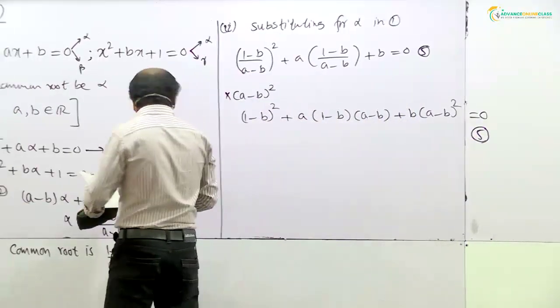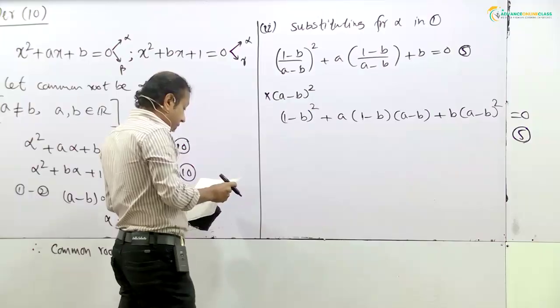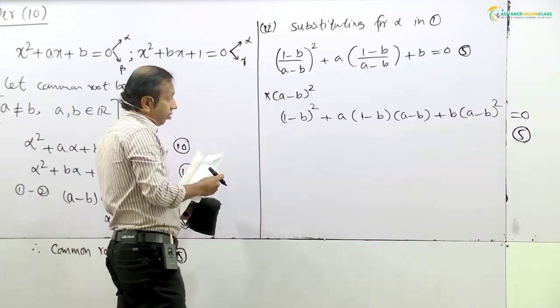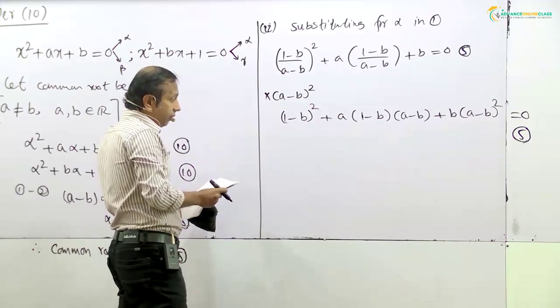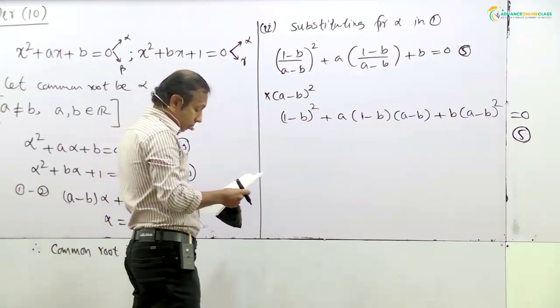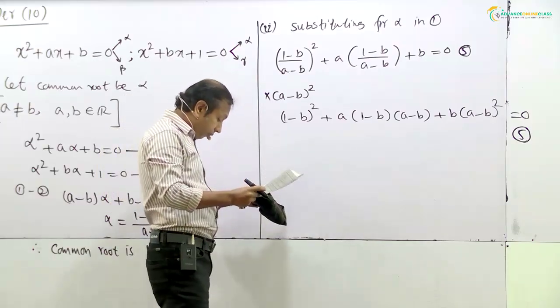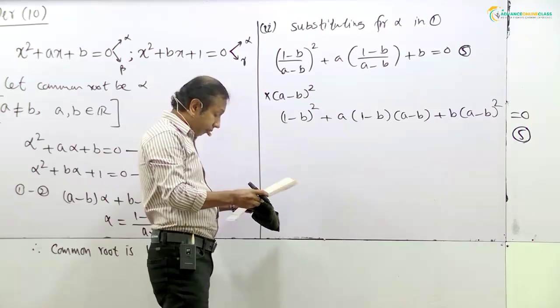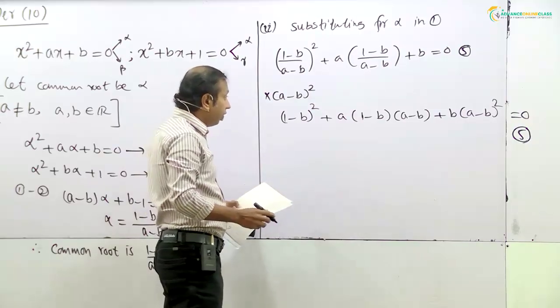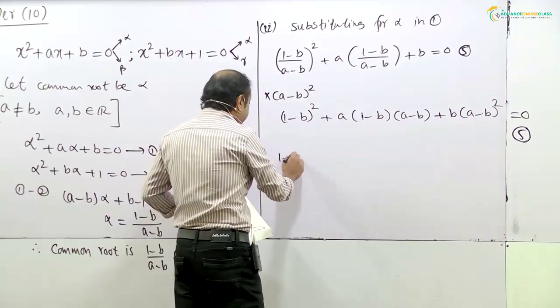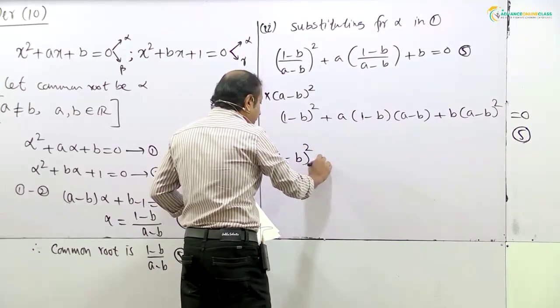And now we have to simplify this. Answer 1 minus b squared, so it will be subjected. Then we'll simplify this: 1 minus b perfect square.